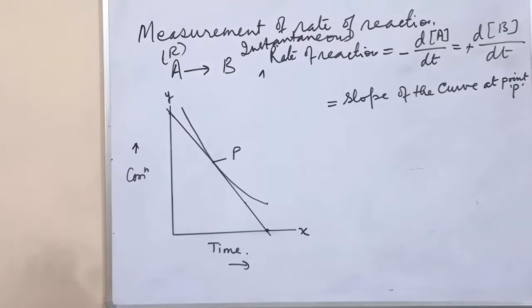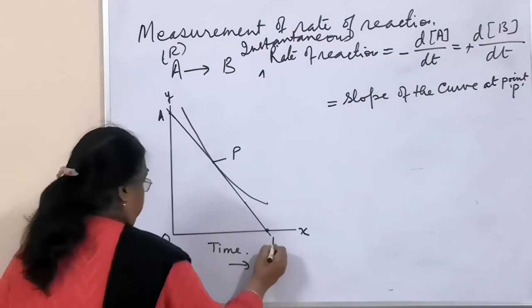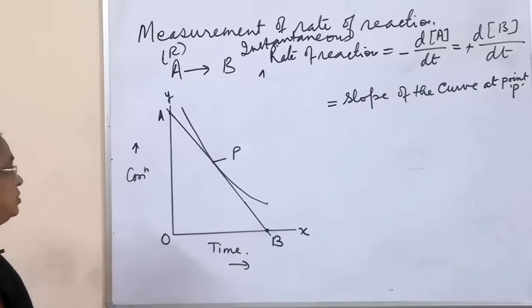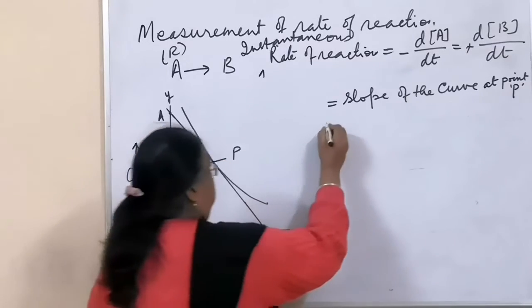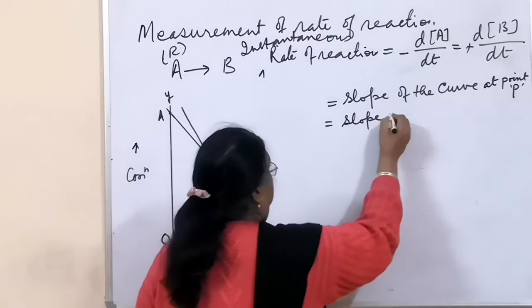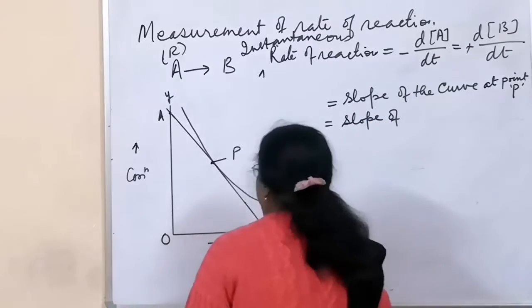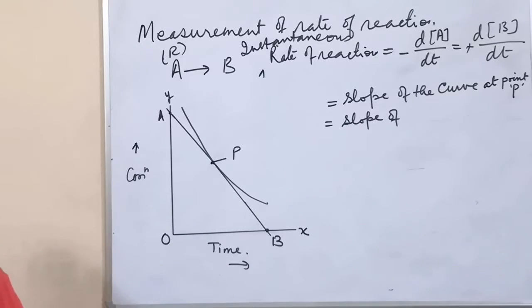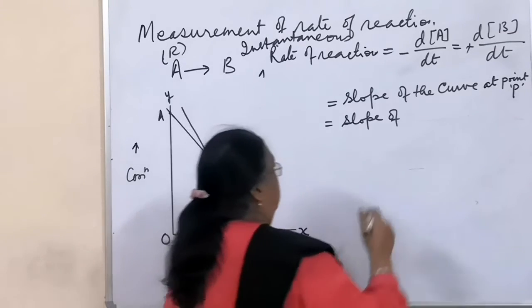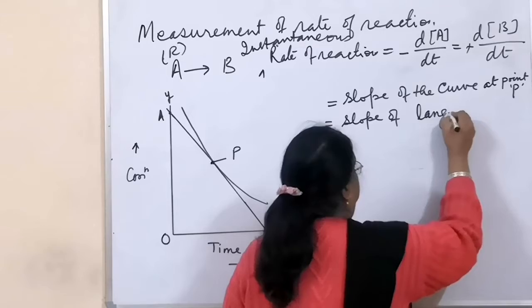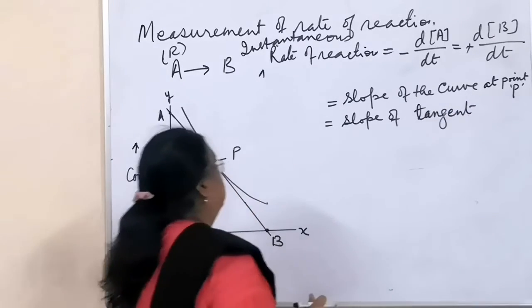If I take the same marking as given in the book, O and this is B. So the slope of the curve you will be finding at the point P will be the slope of the tangent.